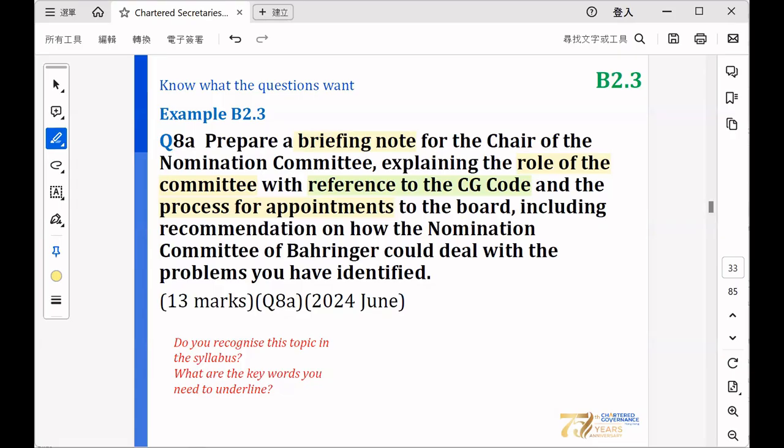Make sure that the new appointees have sufficient time. Due diligence, especially in relation to independence of independent directors, but they can use reliable search engines to do the checking for you.